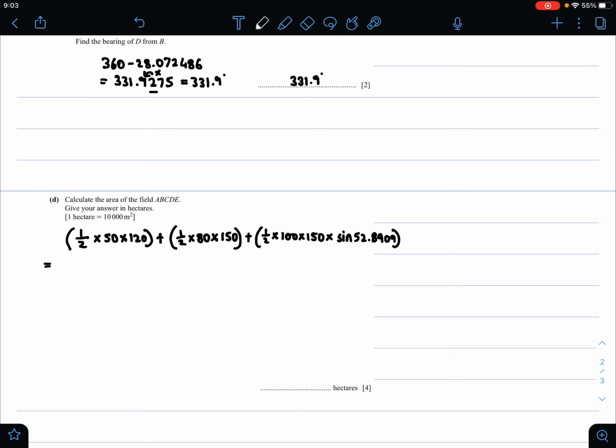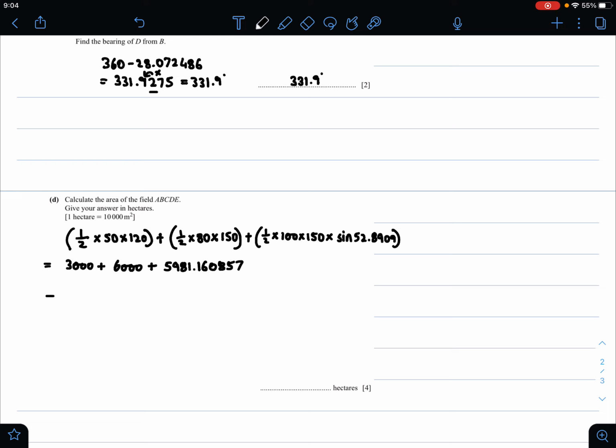So 50 multiplied by 120 multiplied by half is equal to 3000, plus 80 multiplied by 150 multiplied by half is equal to 6000, plus 100 multiplied by 150 multiplied by sine of 52.8909 multiplied by half is equal to 5981.160857.